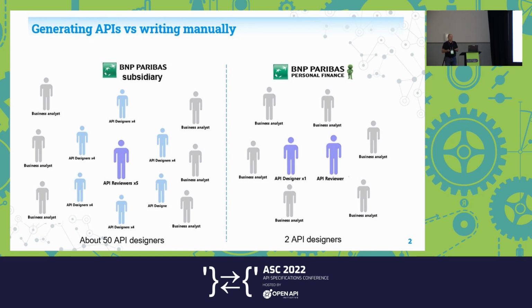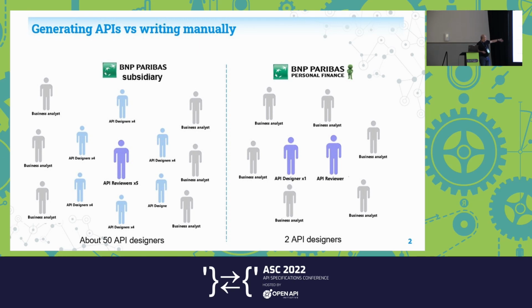The first subsidiary, I prefer not to name this subsidiary, they train us. They have a set of business analysts, about 50, even more. For each group of business analysts, there is a group of API designers, usually 3-4 API designers.